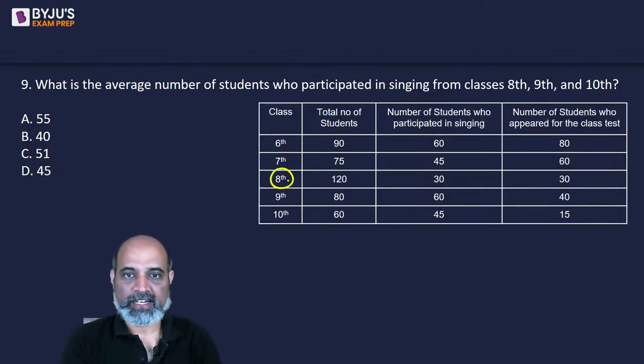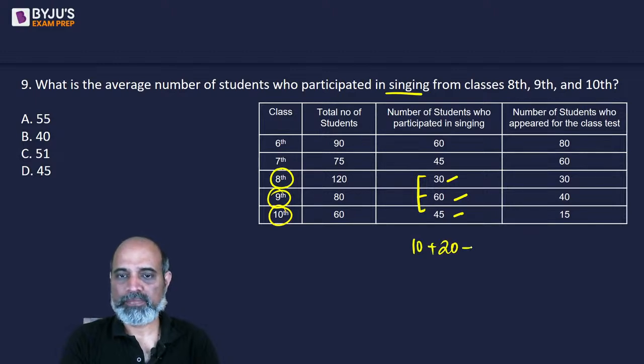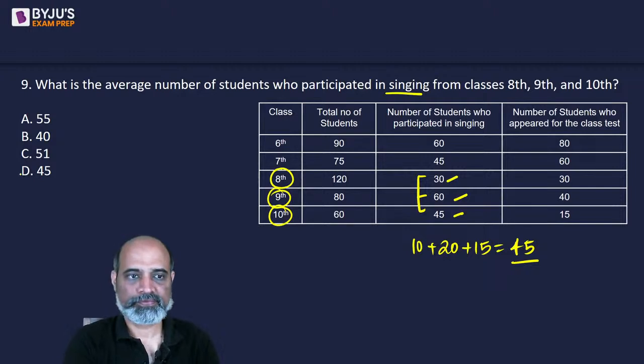So 8th standard singing 30, 9th standard 60, 10th standard 45. Straightforward. 30 plus 60 plus 45, one third of that, because we need average, which is going to be 10 plus 20 plus 15, which is 45. It will be D.